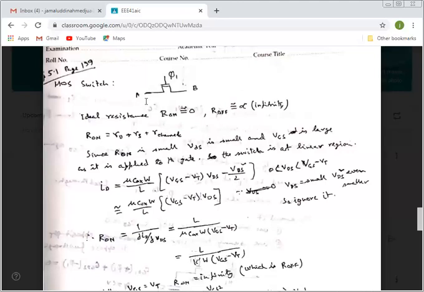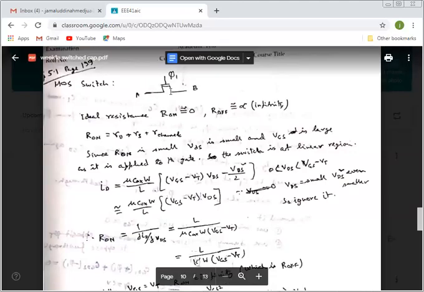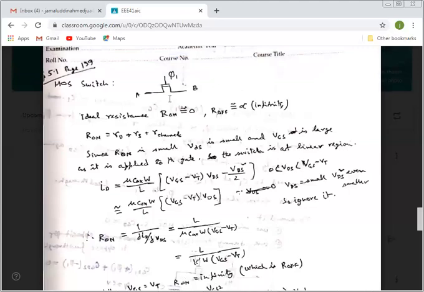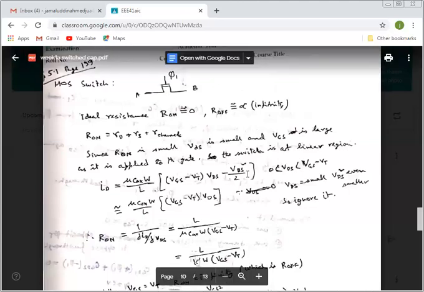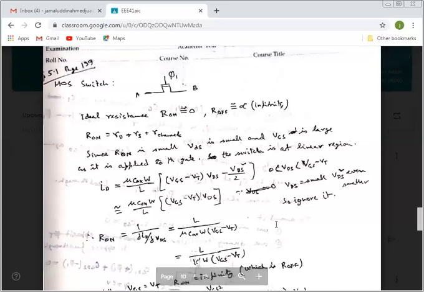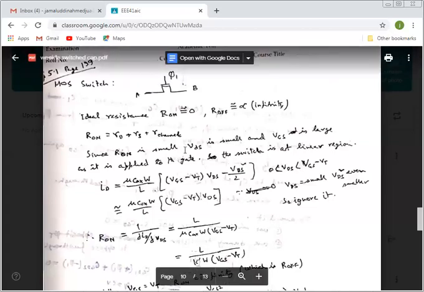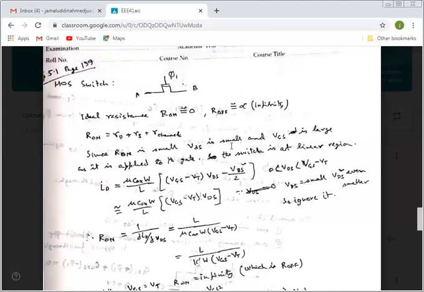So that's why, if in this MOSFET one is source and another is drain, the voltage across A and B is VDS, and this VDS is very small. So VDS is very small compared to the gate voltage. VDS is small and VGS is large. So that's why it's in linear mode, not in saturation mode.